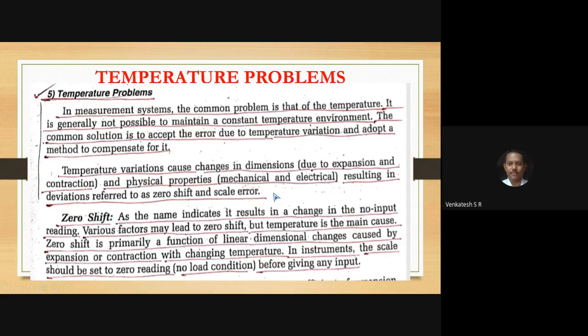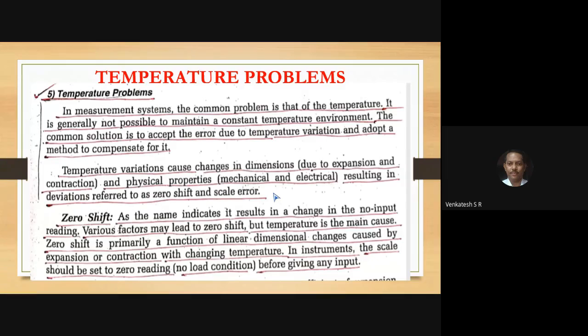Next, come to the point, the temperature problem. All of you know, if you conduct the experiment in extreme low pressure or extreme low temperature, or extreme high pressure, extreme high temperature, for example, in our room temperature we have 25 to 30 degrees. Suppose if you go to some Gulf countries, you have a minimum temperature of 45 degrees. Or if you go to the US, Canada, or Russia, there you have minus 13 or minus 19.